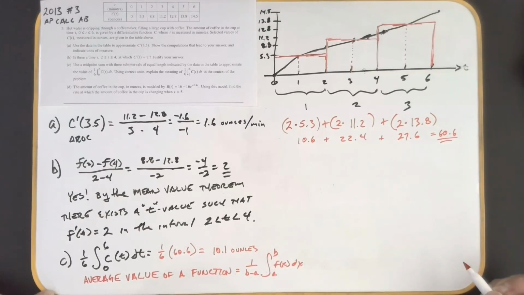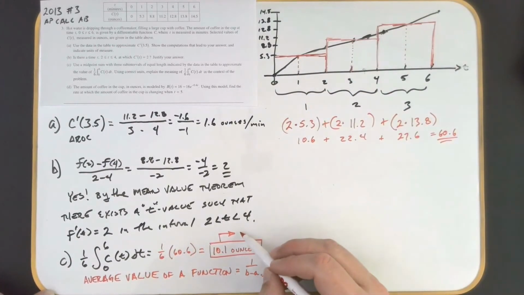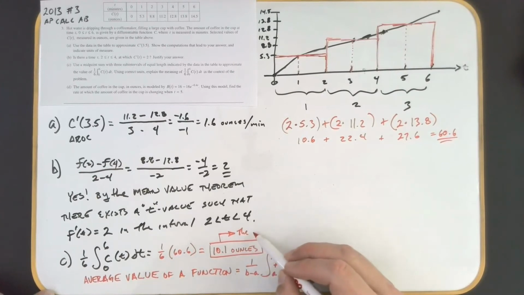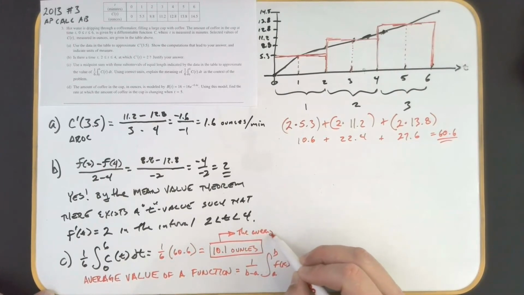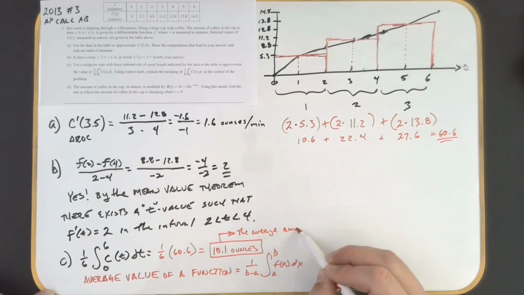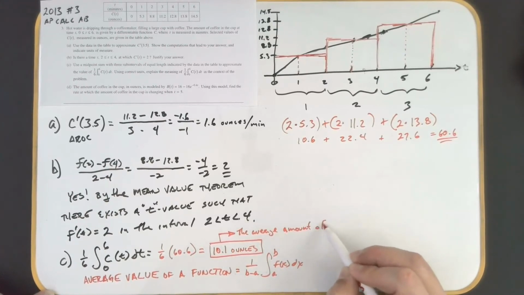Okay, that's average value of a function. So for this right here, 10.1 is just part of the answer, 10.1 ounces, and I'm going to just jump up here and write what that equals. And so it says, in the context of the problem, this is the average amount of coffee in the cup.